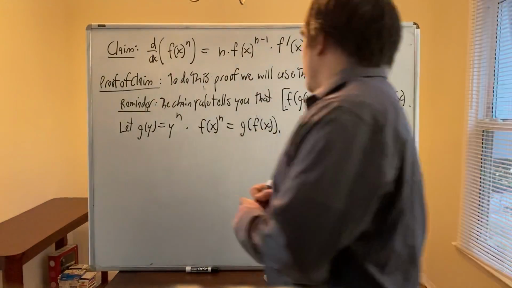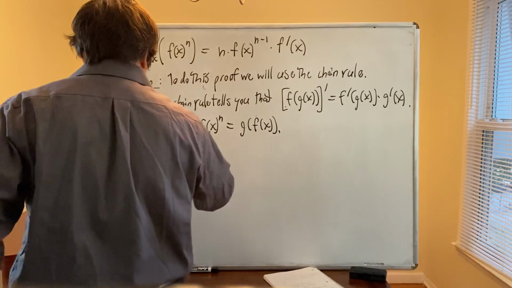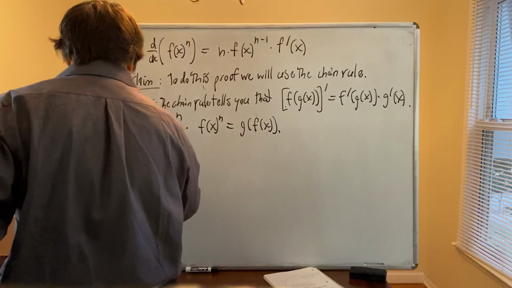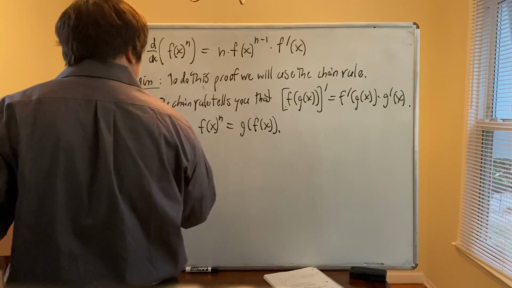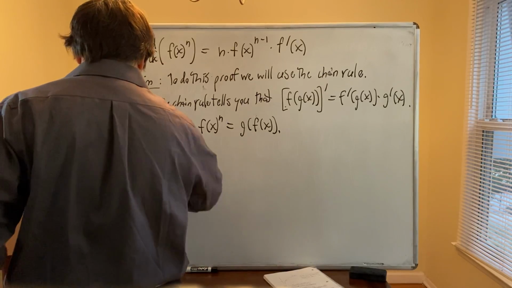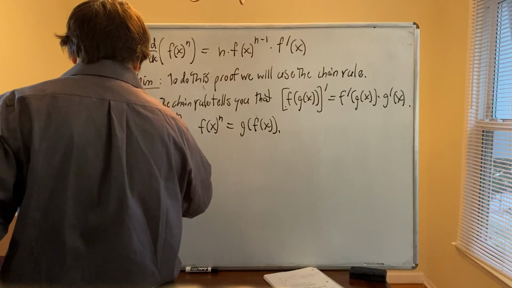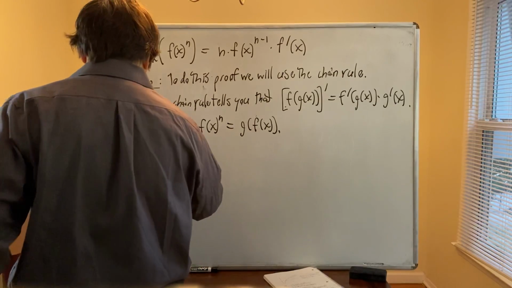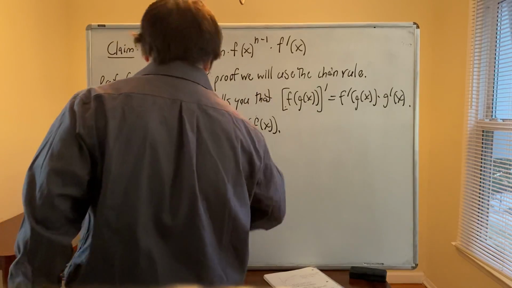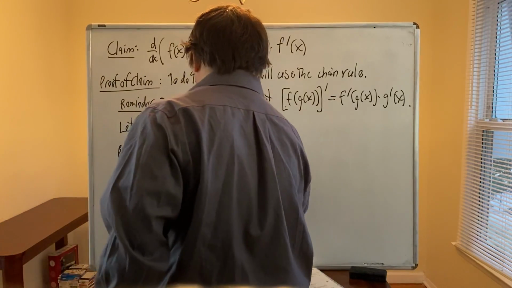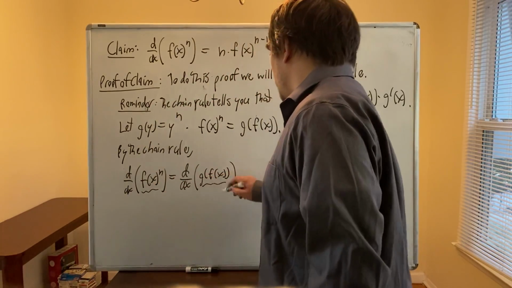Okay? By the chain rule, d/dx of f of x to the n is equal to d/dx of g of f of x, because f of x to the n is g of f of x.